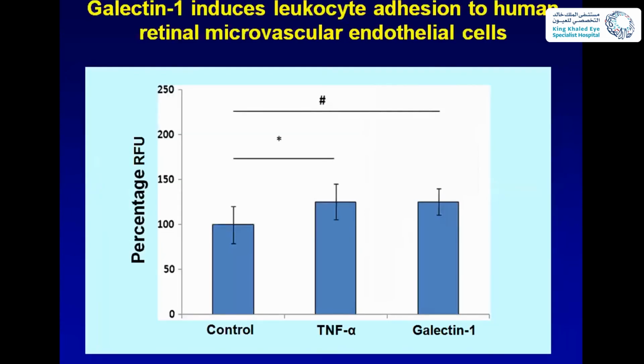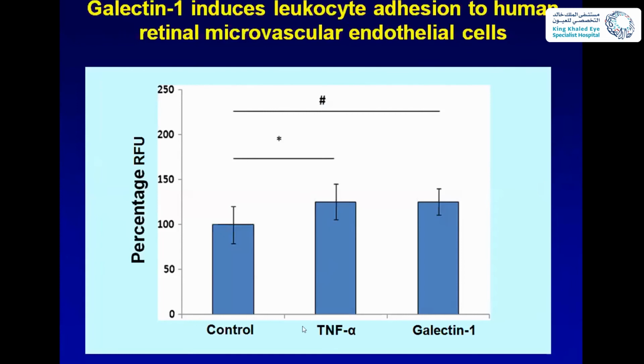Now we are talking about the microvascular endothelial cell. So actually we know that inflammation is an overall process of adhesion of the molecule, migration of the molecule. So here we can see that galectin-1 is actually helping with the adhesion of the molecule.